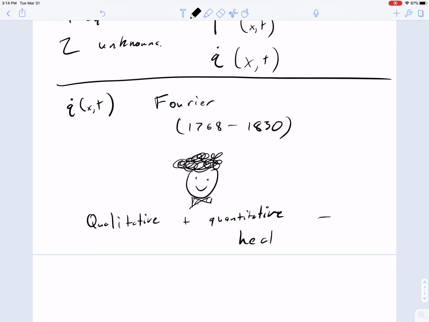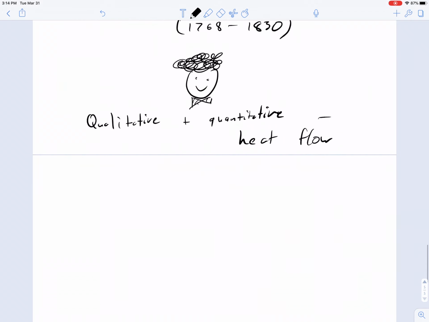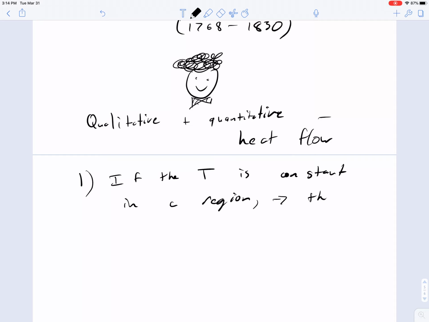How does heat go from one region to another? And Fourier made the following observations. One, if the temperature is constant in a region, then there is no heat energy flow.